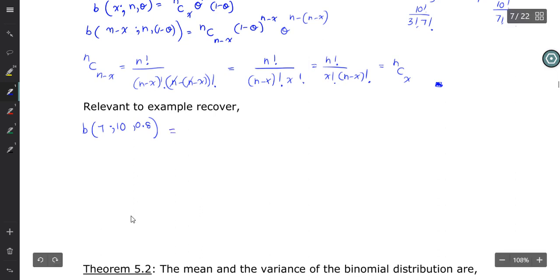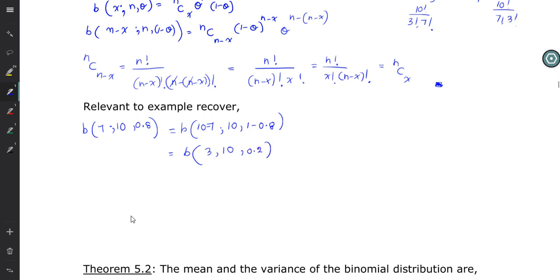So that will be the same as 10 minus 7 with number of trials 10, but with 1 minus 0.8. That means if you read the table with x equals 3 and number of trials 10 with probability of success 0.2, you get the same answer. Right? You get the same answer.